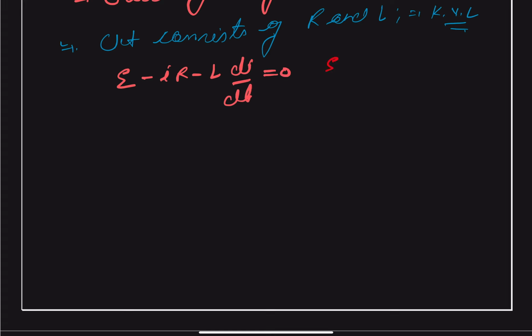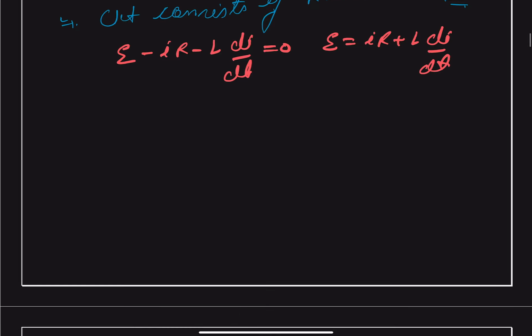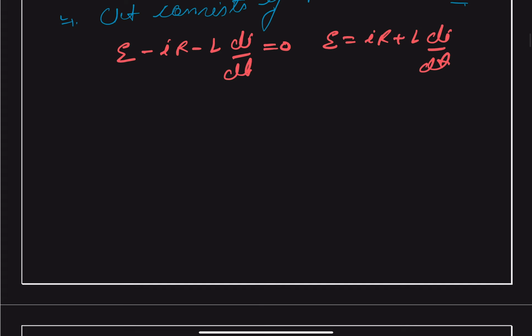From here, induced EMF is equal to IR plus L di upon dt, and the induced EMF E is nothing but our rate of change of flux. So this gives us that d phi upon dt is equal to IR plus L di upon dt.